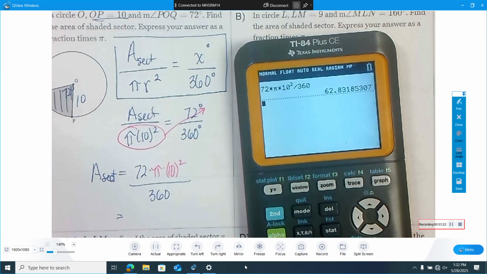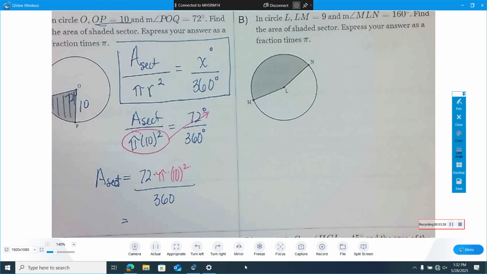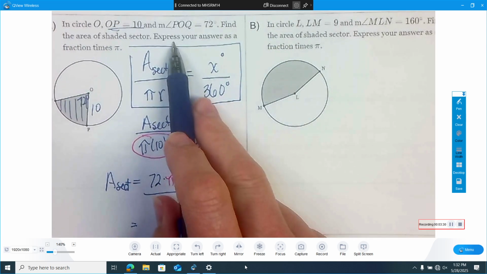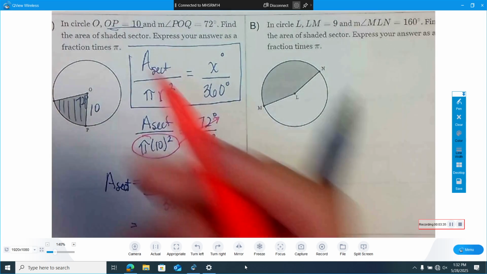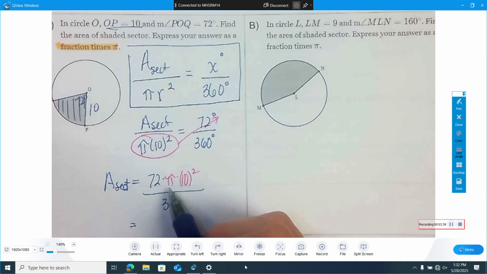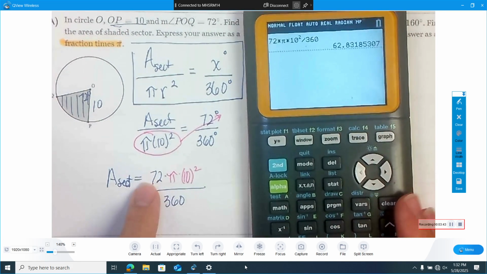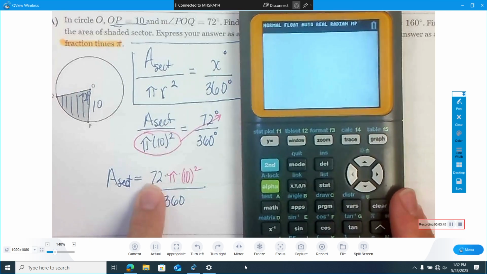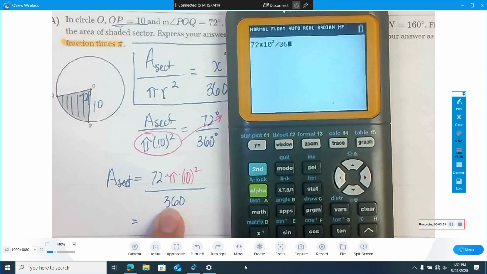And so we get 62.8. Oh, crap. I didn't read the directions, which say a fraction of pi. So that means that we want to have pi in our answer, but I'm just going to worry about the numbers then. So we're going to do 72 times 10 squared divided by 360.